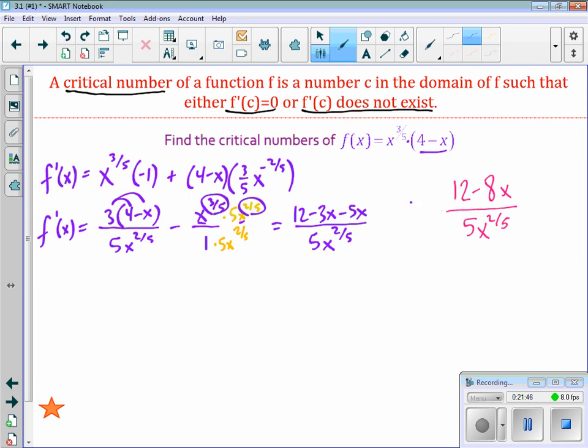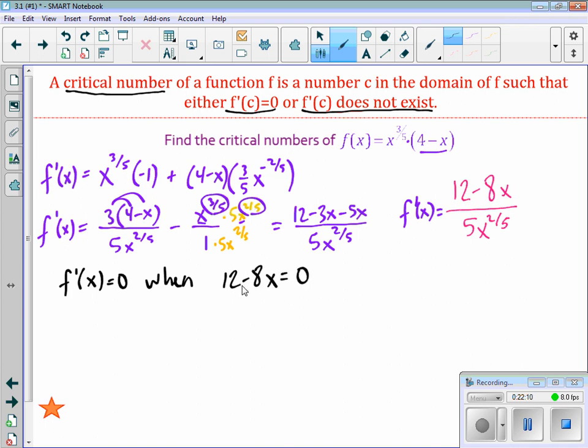Okay, so this is what f prime of x is. So now I want to find the critical number. So I'm going to find when the derivative equals 0 first. We said the derivative equals 0 when the numerator is equal to 0.